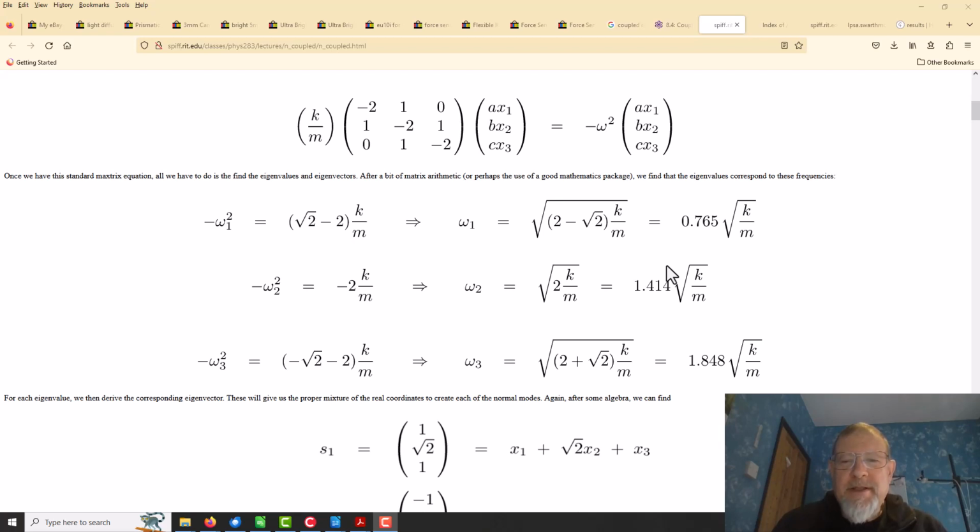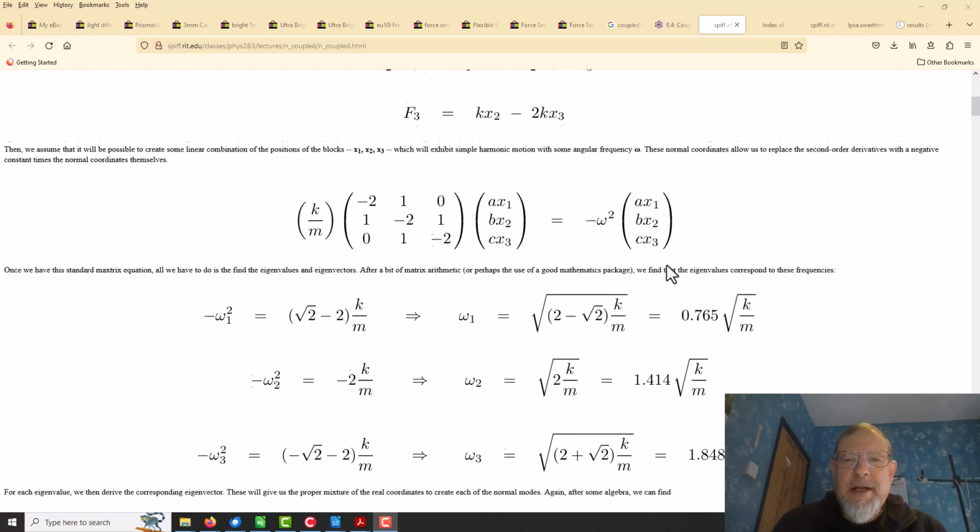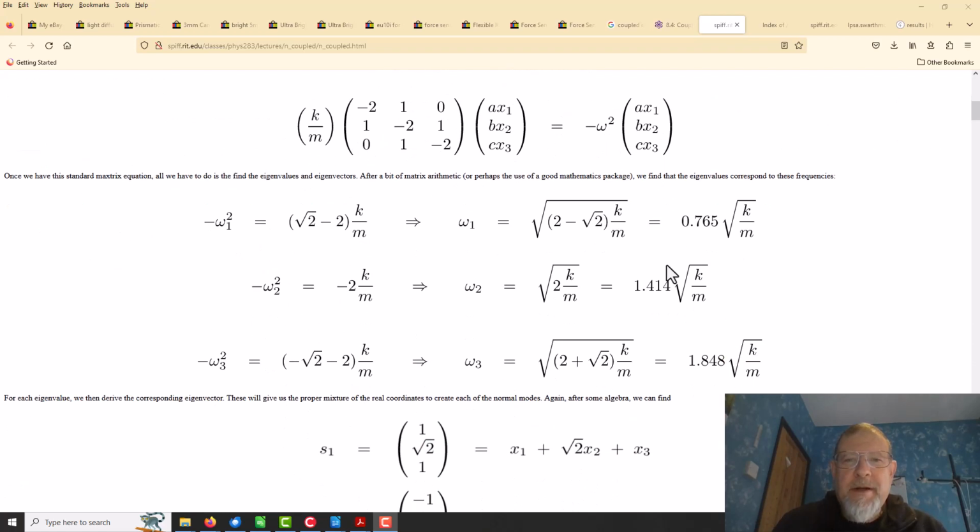So I sat down and set out to try and learn matrix calculations, familiarize myself with what's going on here.